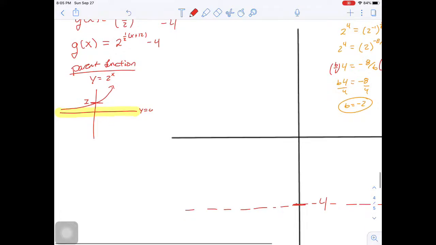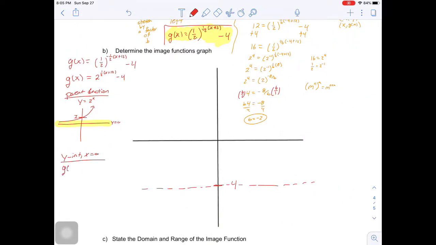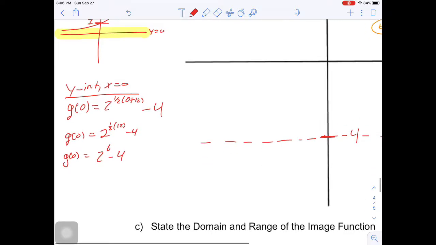So we can happily deal with that. Now, let's figure out those key points. Where did our y-intercept go, aka when our x equals 0? So let's just plug in 0 for x. This will be 2 to the power of 1 over 2 times 0 plus 12, minus 4. 0 plus 12 is 12, so this will be 1 over 2 times 12, minus 4. 12 times 1 over 2 is 6, so this is 2 to the power of 6 minus 4.